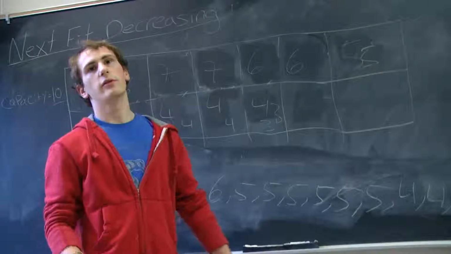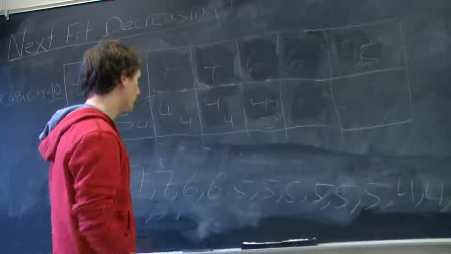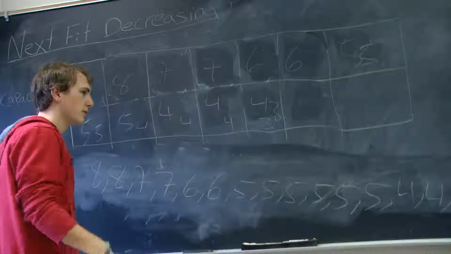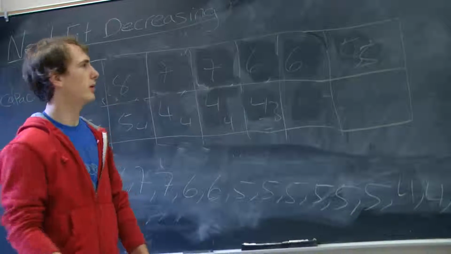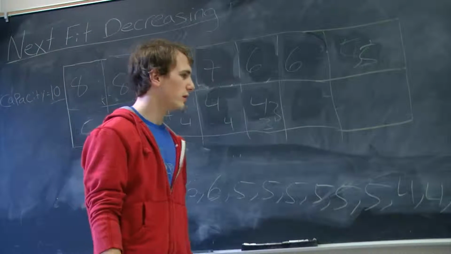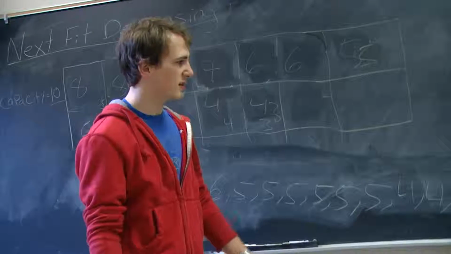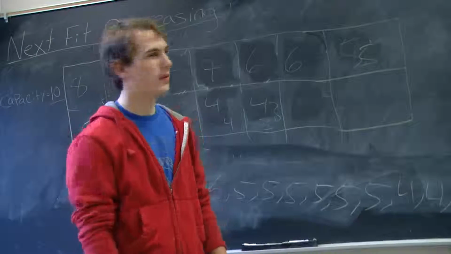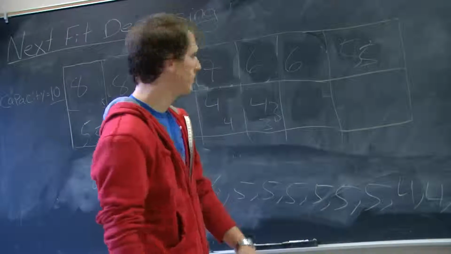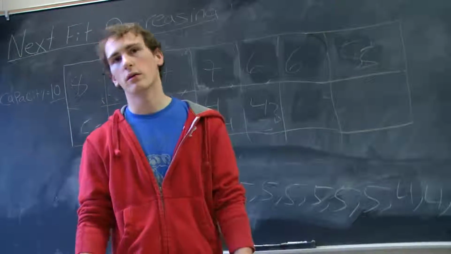And so on and so forth until the data is complete. This is really simple once you get the data in order. The only time-consuming thing for this is getting the data in order. Otherwise, it's fairly simple. It's just putting the data in the boxes, as long as it doesn't exceed the capacity of the box.